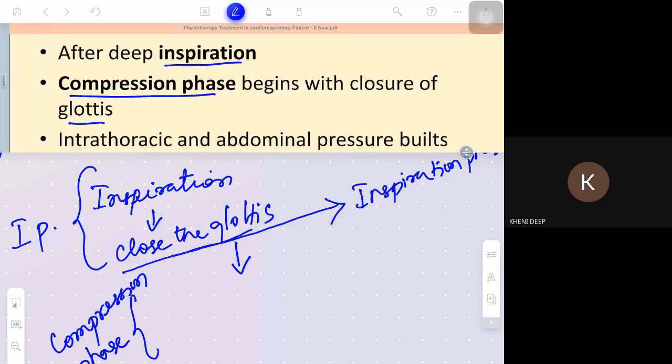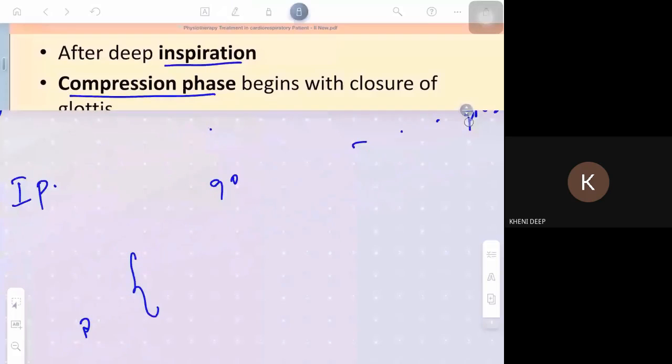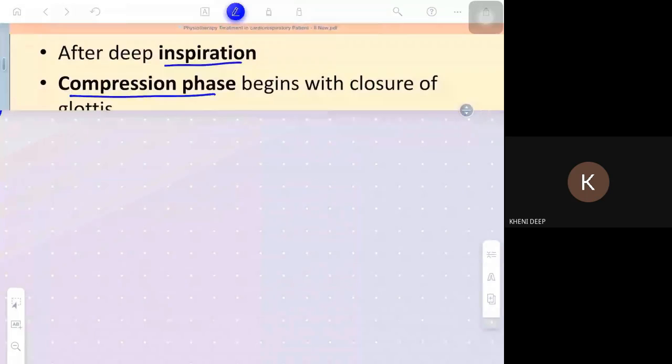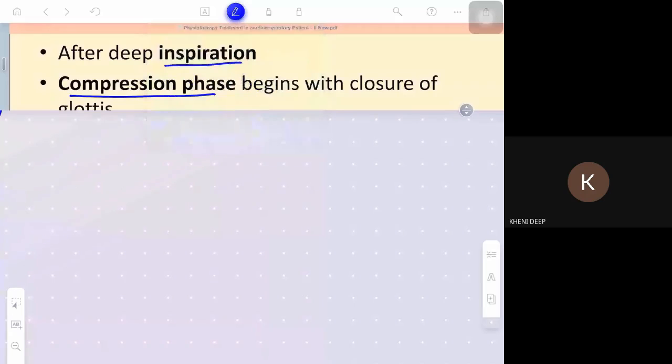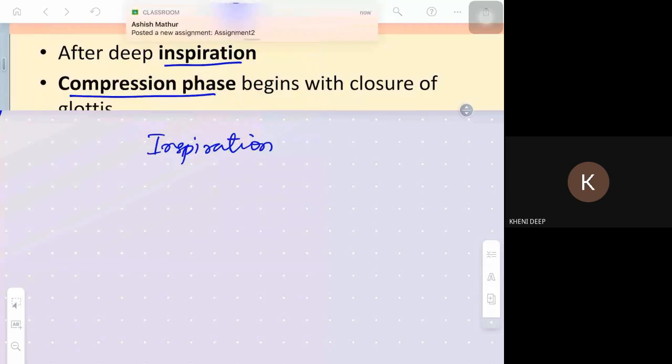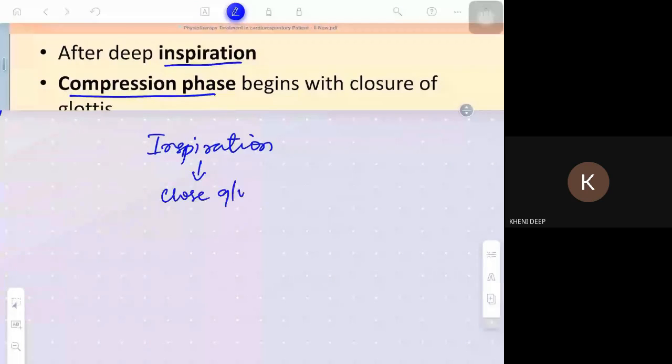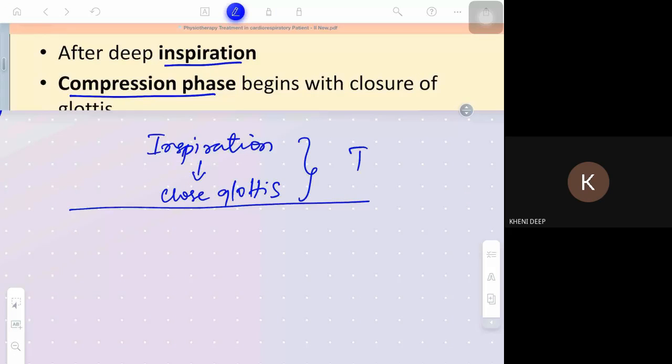Again, I will repeat. I have told there are three phases. Inspiration phase: the patient will take inspiration and he will close the glottis. So this is the first phase, that is the inspiratory phase.